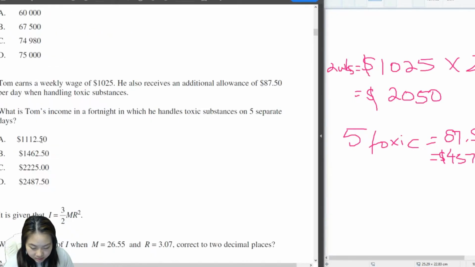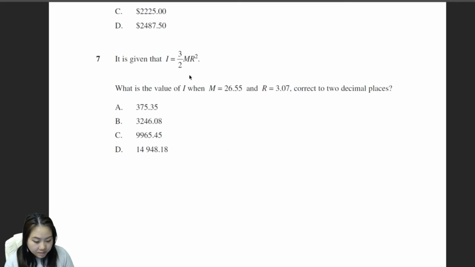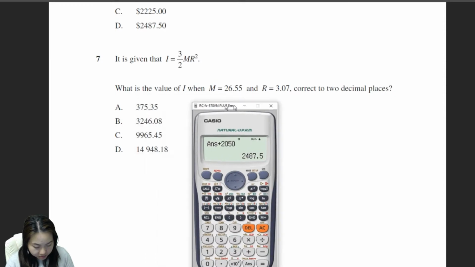Excellent. 7. It is given that I is equal to 3/2 mr squared. What is the value of I when m is this and r is that to 2 decimal places? So this is a straight substitution question, so I'm just going to type it in my calculator.